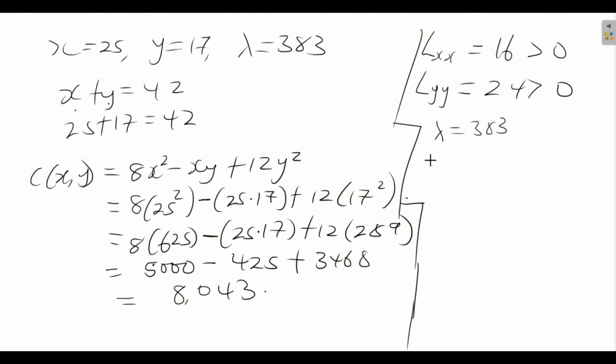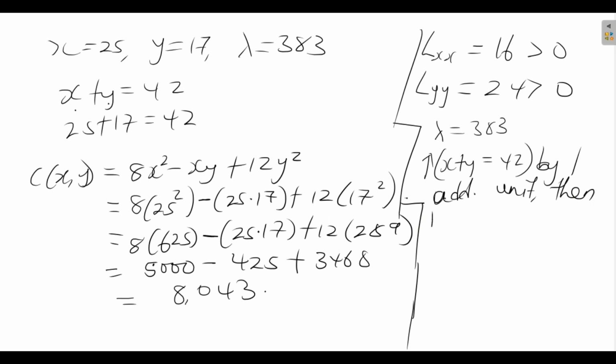So here what it means is that if we are to increase the production quota or the budget constraint, which is x plus y equals 42, by one additional unit, then the firm's total cost will also increase by 383. So that is the interpretation.